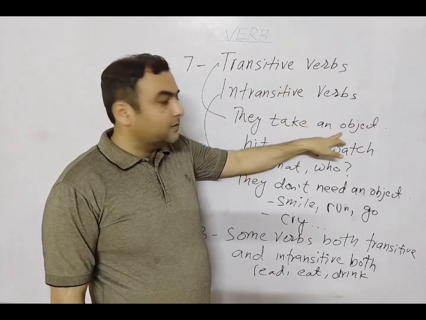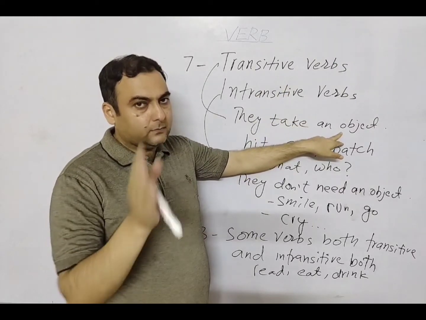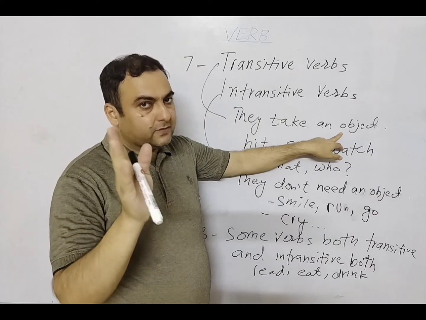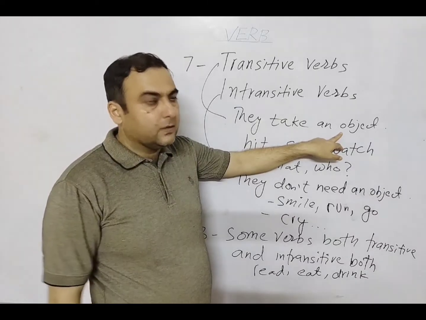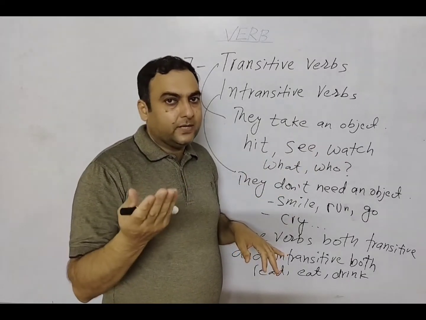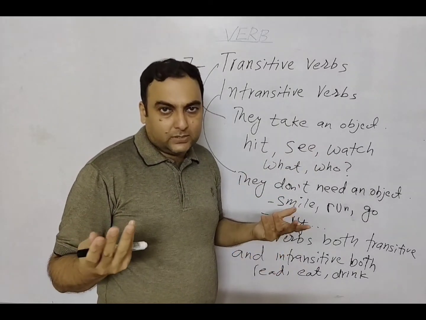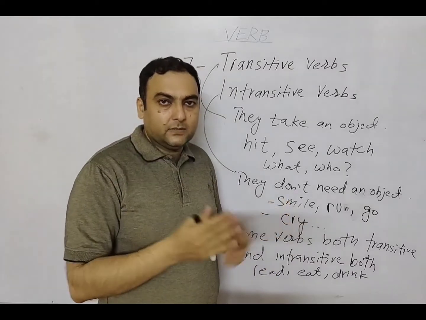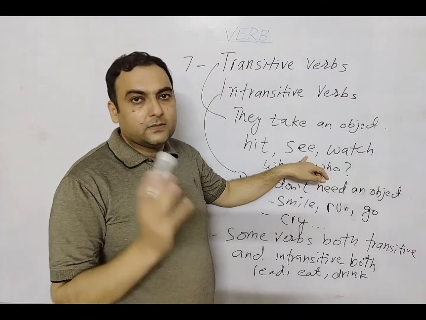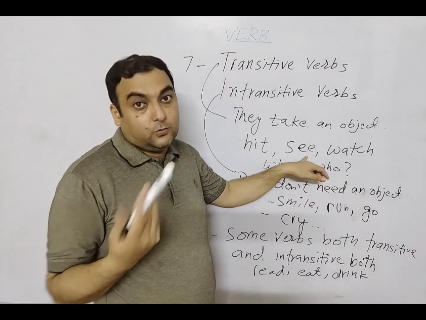Transitive verbs are verbs which take an object. We must use an object after them. If we don't use an object after them, the sentence is wrong, the sentence is incomplete. For example, if I say I hit, so you might ask, you hit what? So for example, I hit a ball, let's say. I see, I saw. Yesterday I saw, so you'll say you saw what?